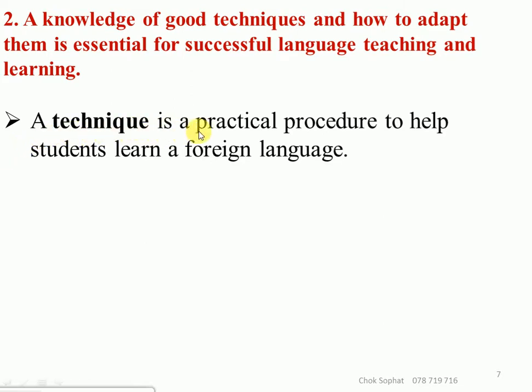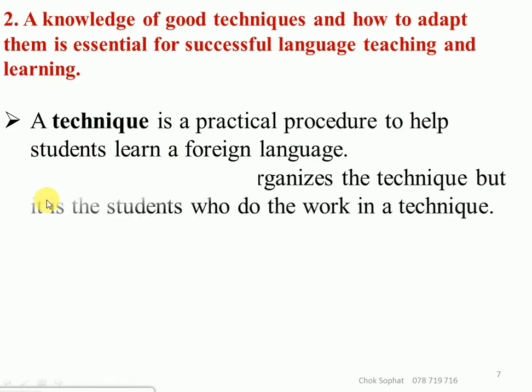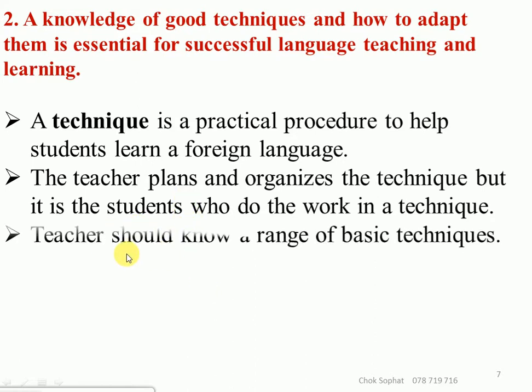A technique is a practical procedure to help students learn a foreign language. The teacher plans and organizes the technique, but it is the student who does the work in a technique. So after we choose the technique for a student to do, we can adapt it, and the one who practices the technique is the student. You just ask the student to practice the technique in order to achieve the objective.